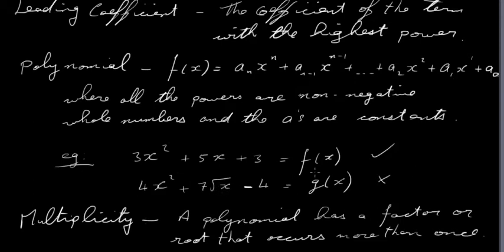Here you've got the square root of x. Now the square root of x is x to the power of a half. Half is not a whole number, therefore the power is not a non-negative whole number. So this here is not a polynomial. Okay, so that's your polynomial.